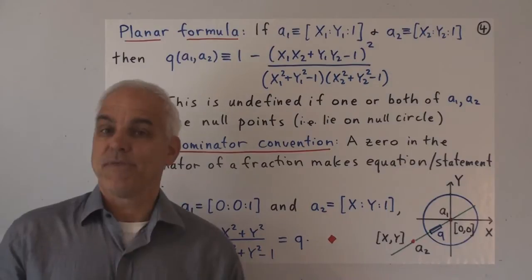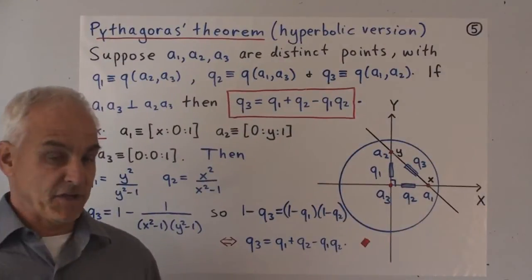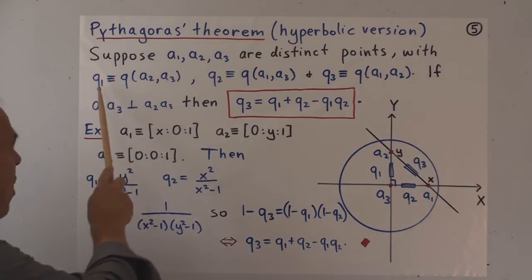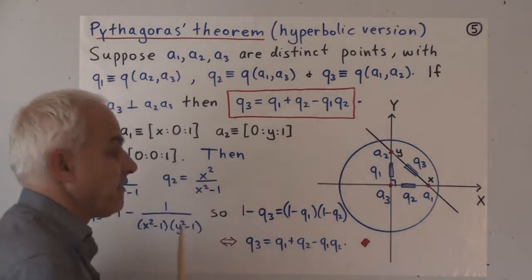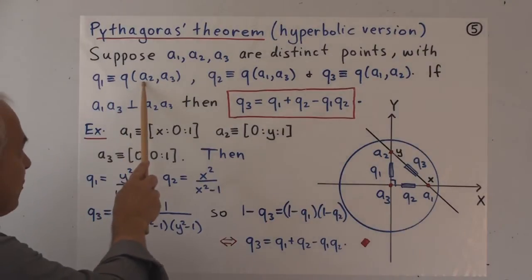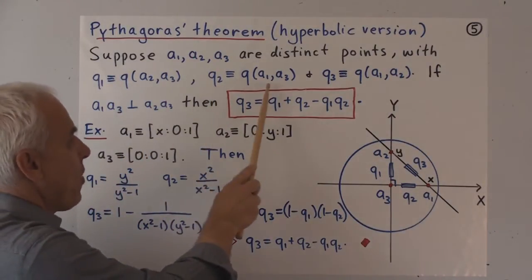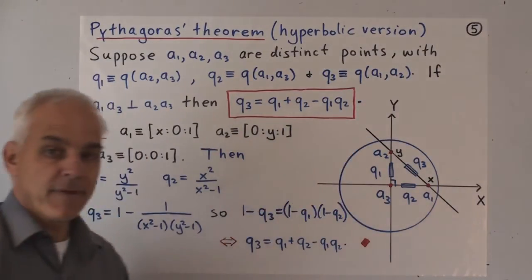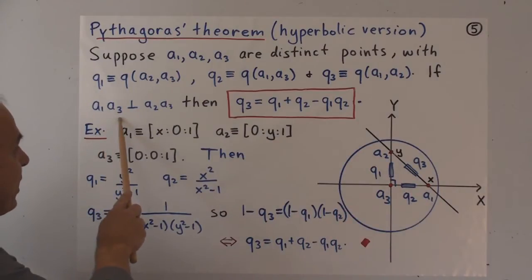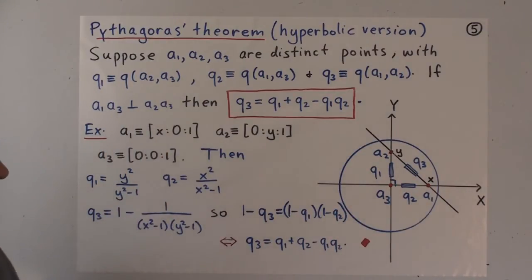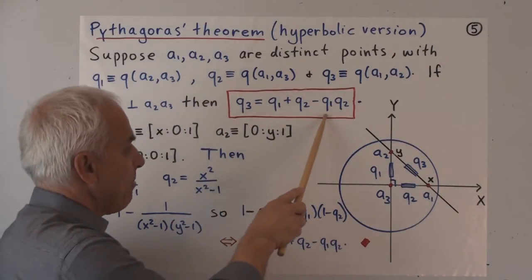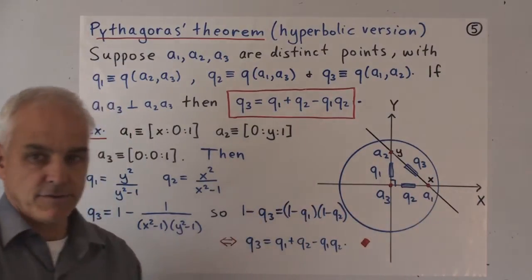So now it's time to have a look at Pythagoras' theorem. Pythagoras' theorem in this hyperbolic version says that if we have 3 distinct points, A1, A2, and A3, and if we consider the quadrants Q1, Q2, and Q3 defined this way, so that Q1 is the quadrants between A2 and A3, Q2 is the quadrants between A1 and A3, and Q3 is the quadrants between A1 and A2, then if A1A3 is perpendicular to A2A3, then Q3 equals Q1 plus Q2 minus the product of Q1 and Q2.